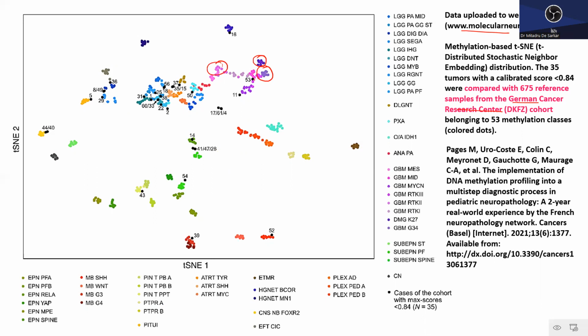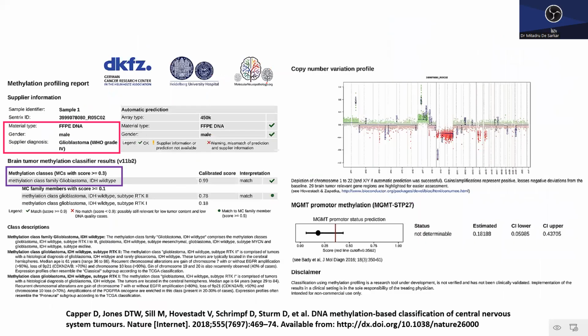The final result will be in the form of a methylation plot, wherein your tumor gets a particular diagnosis based upon which particular tumor this case fits into. So it's a kind of clustering done by the machine, unsupervised clustering, which will later be supervised and finalized in the form of a report which will reach you from DKFZ.